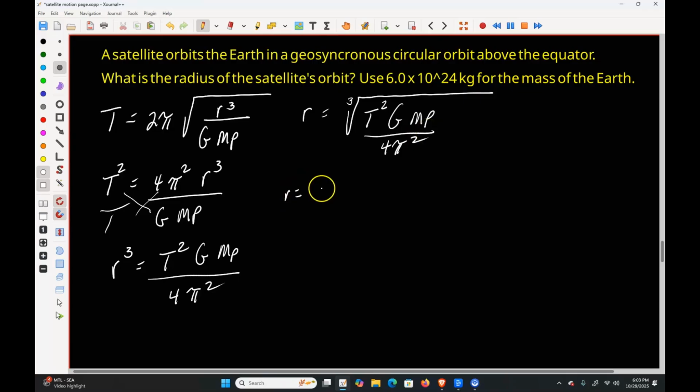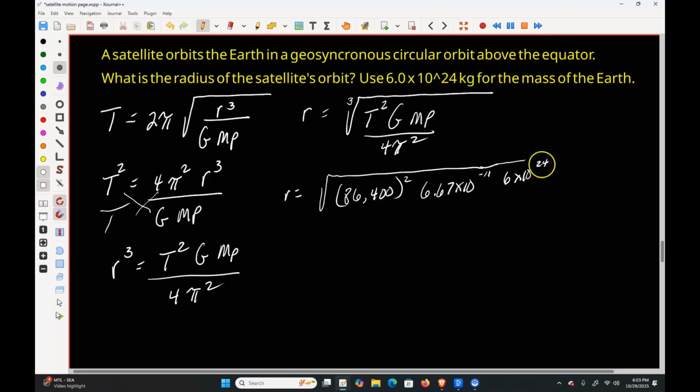So the radius is going to be the cube root. The period is the time it takes for one day, so that'll be 86,400 seconds, squared, times G, times the mass of the planet, divided by 4 pi squared.